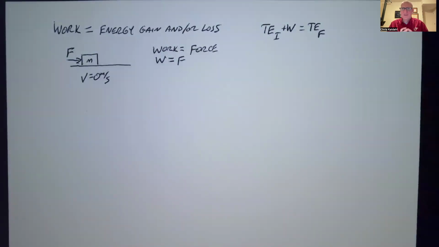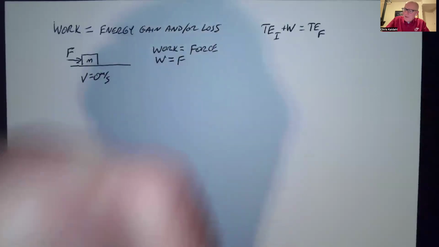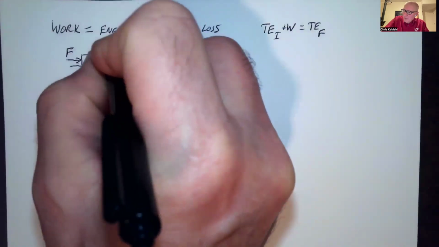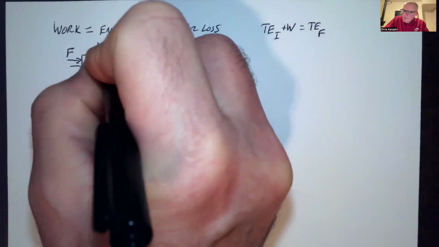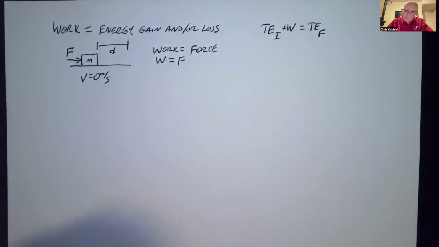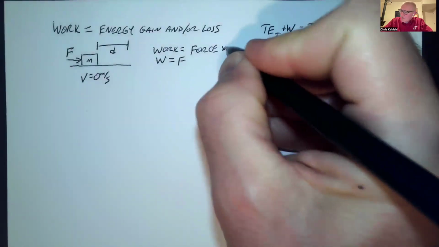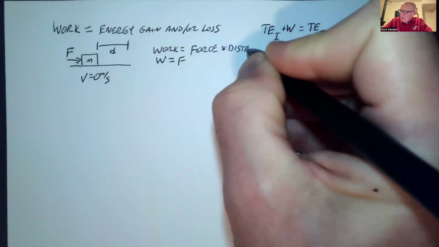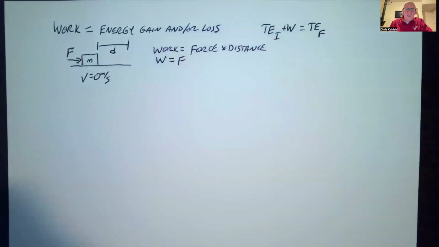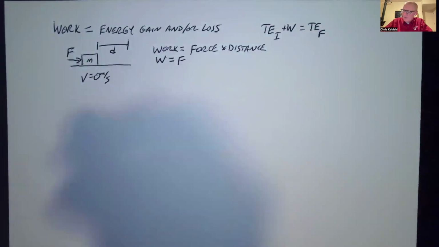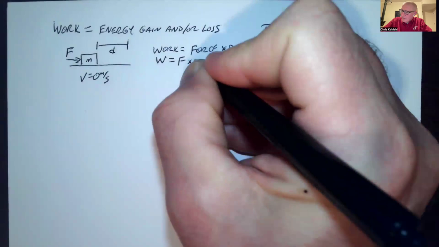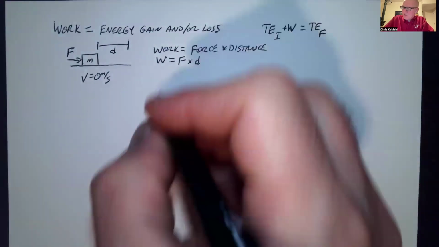So that kind of makes sense. The other thing that's going to matter is how far we push this thing. So the distance, D. These are the two things that are going to matter when we are being asked to specifically calculate how much work is being done in a situation. So we're going to say work is equal to force times distance.